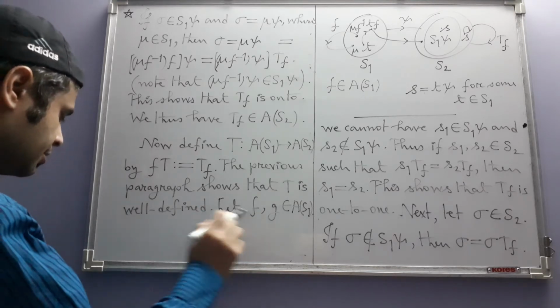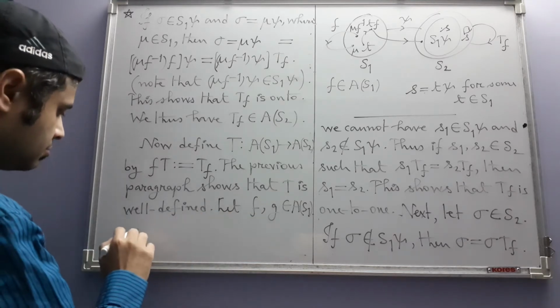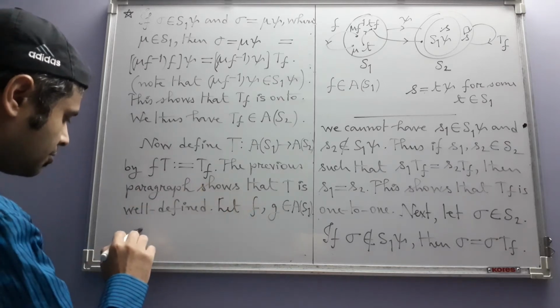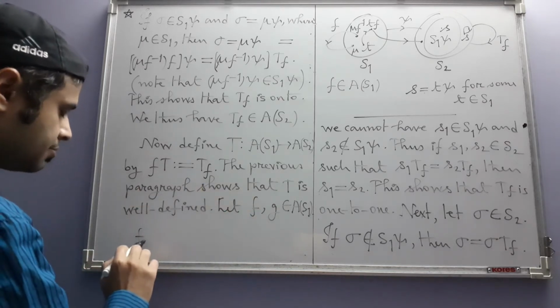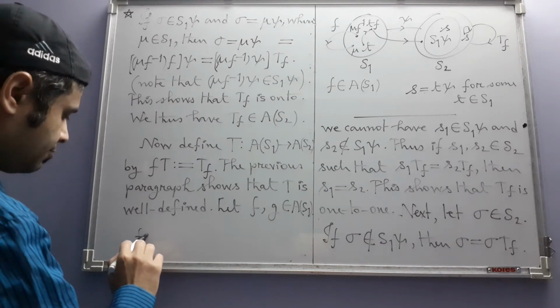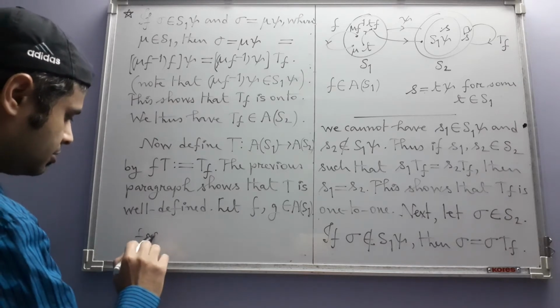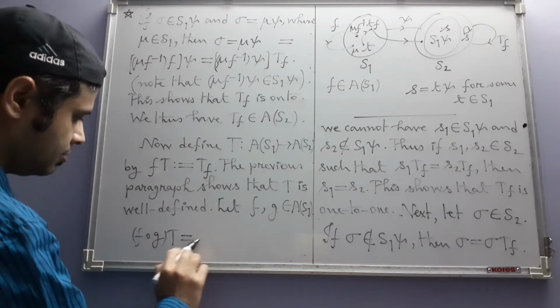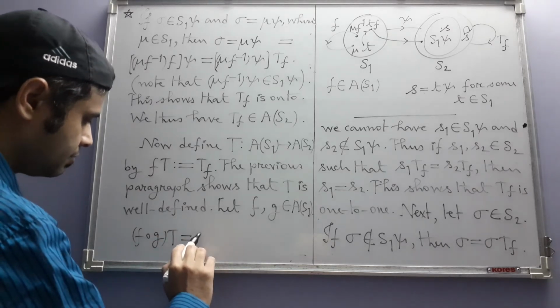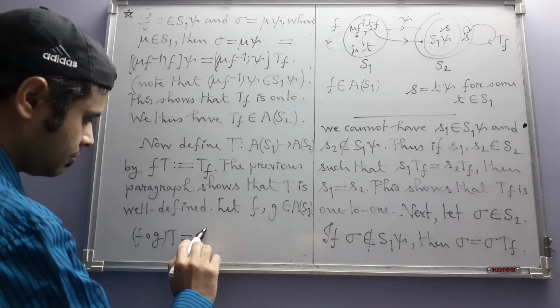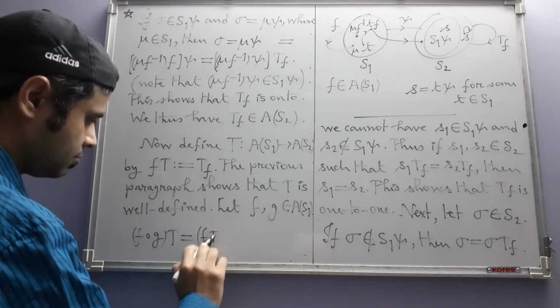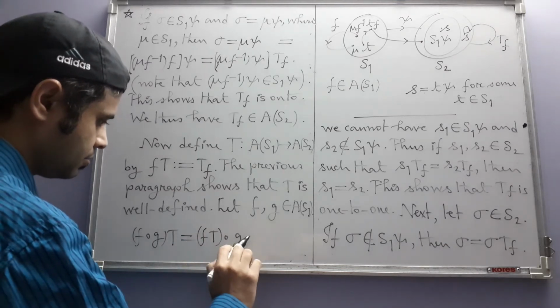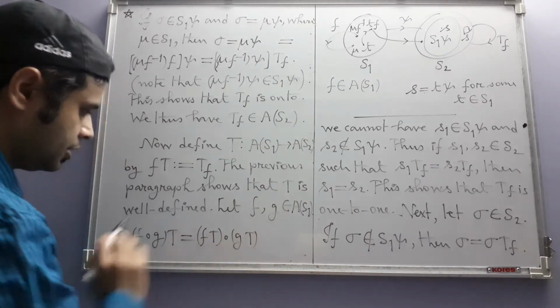So for these elements, to prove that T is a homomorphism, we have to show this: F composition G, on that if we apply T, then we get TF composition TG.